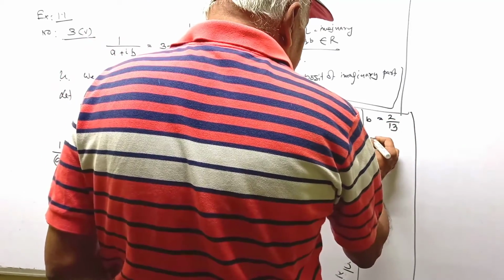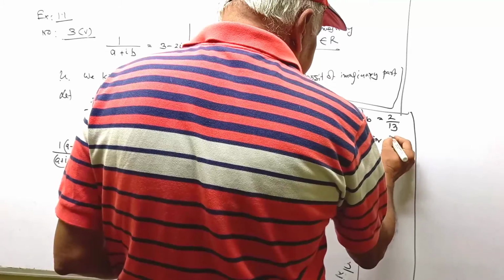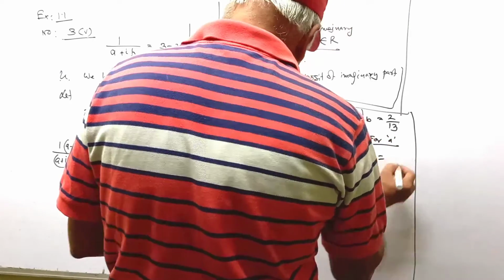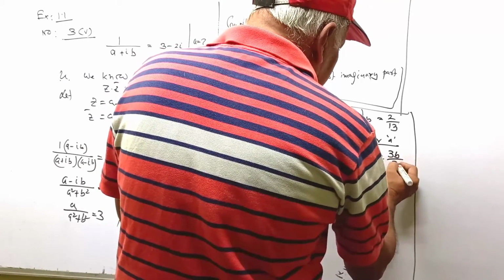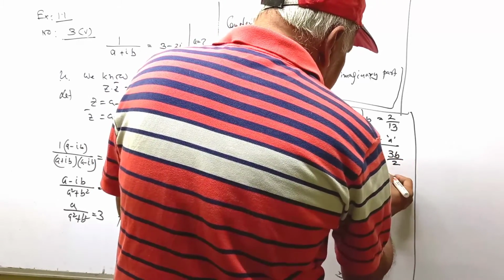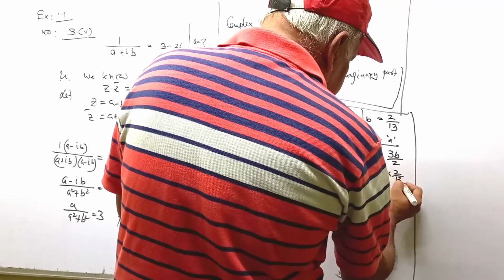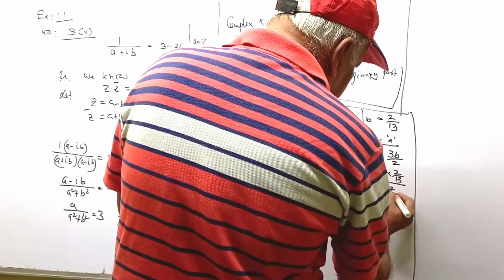Now for a, we know a equals 3b by 2, which is 3 into 2 by 13 by 2.